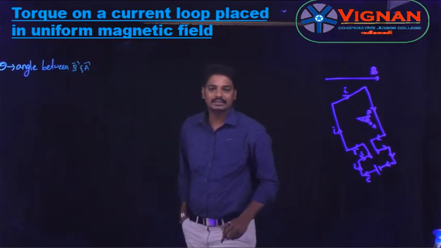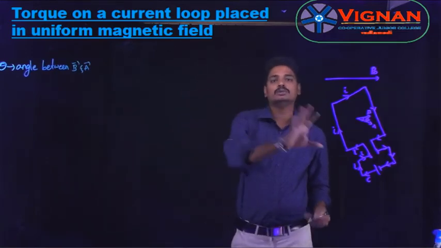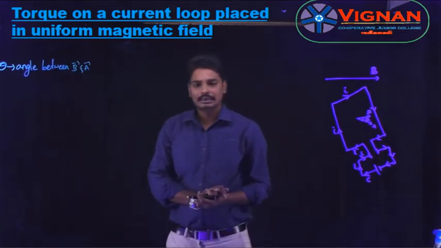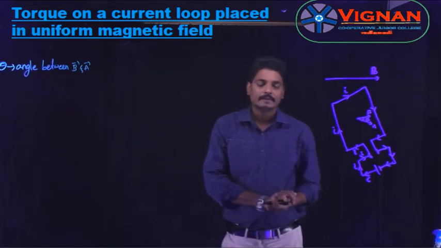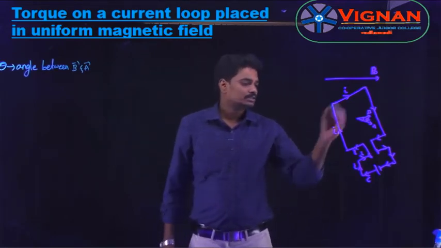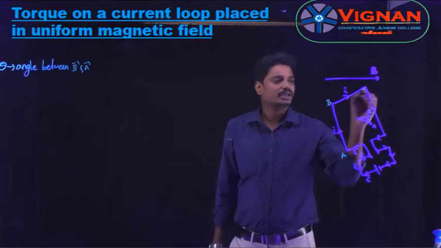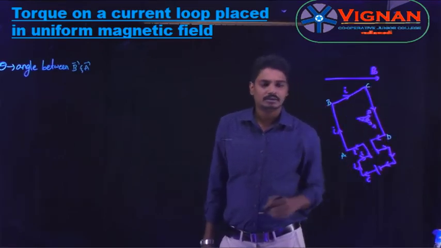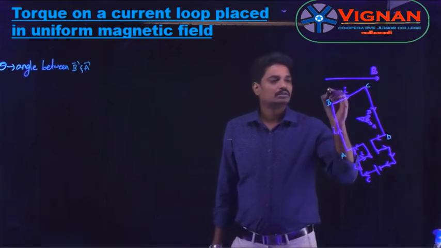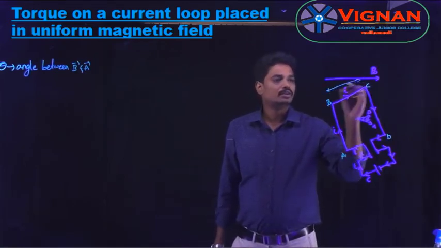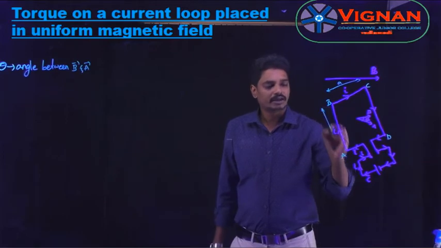A bar is nothing but the area vector, which is perpendicular to the plane. Now let us see this rectangle. Let us denote this rectangular loop as A, B, C and D, where BC has length A and the breadth of the rectangle is B.